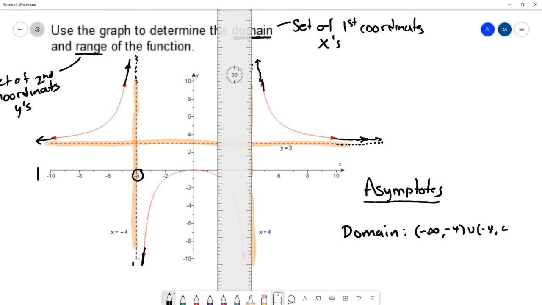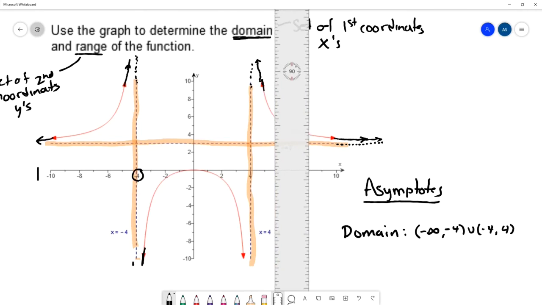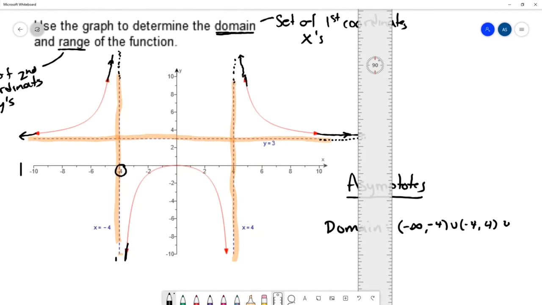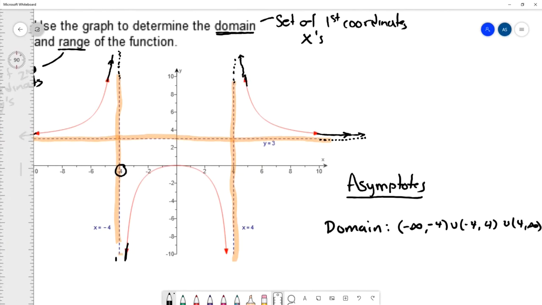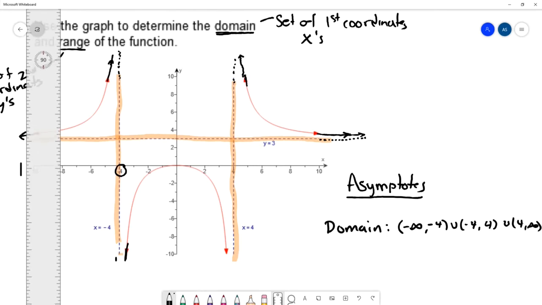I stop at the asymptote. Right after the asymptote, the graph starts again. And so your domain goes from 4 to infinity.